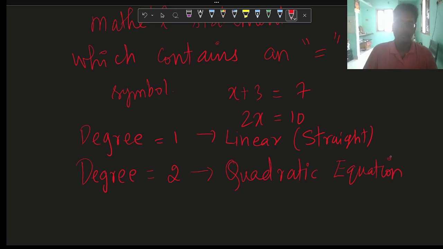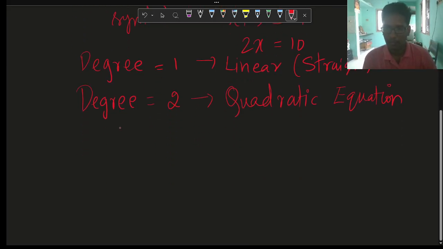Whenever you draw a graph with a quadratic equation, with a degree of 2, you would end up getting a parabola. Imagine a Cartesian plane and you would get some curvature shape.